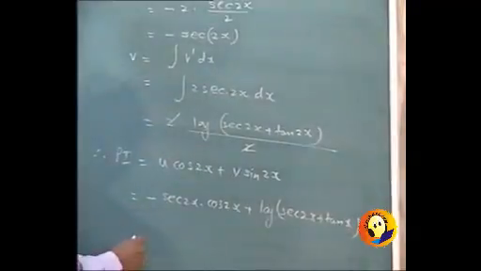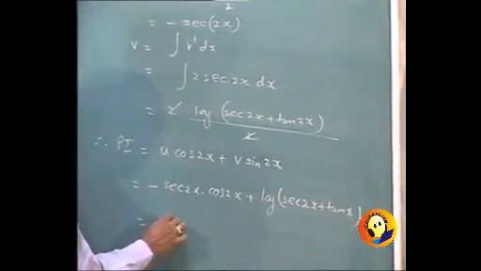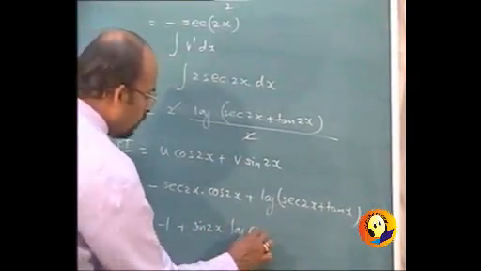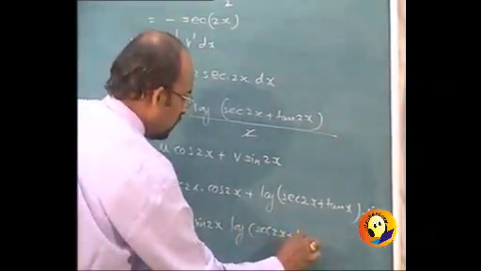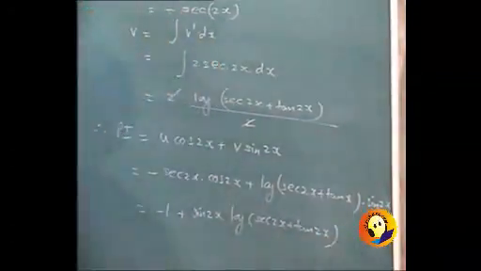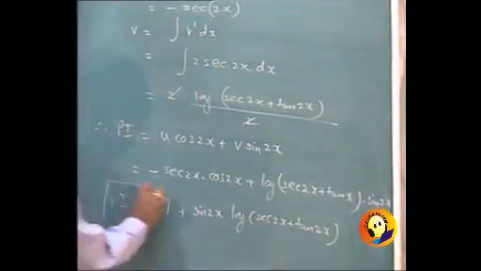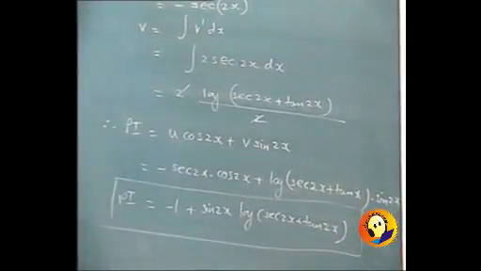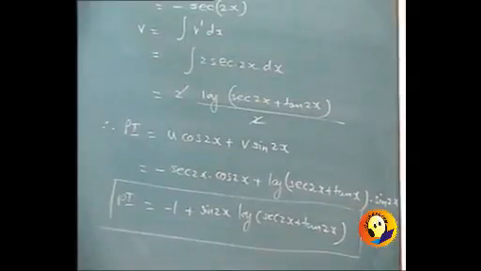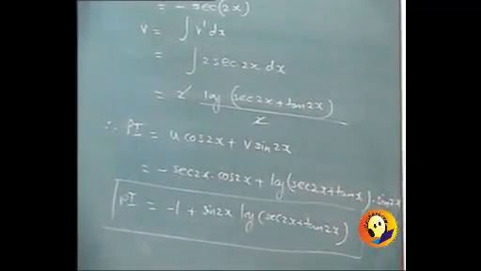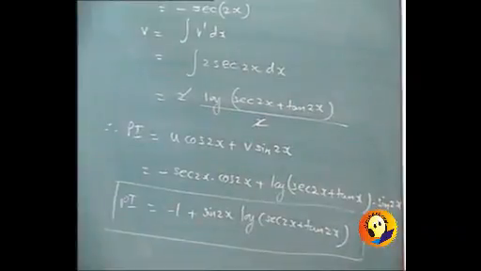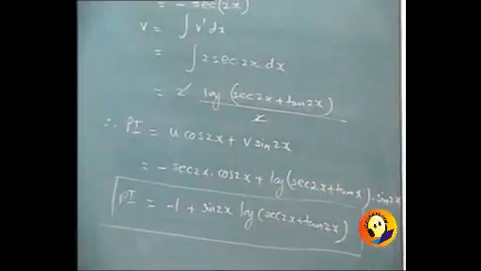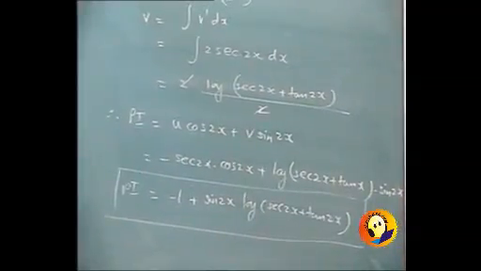Again sec into cos will be 1, so this will be minus 1 plus sin 2x into log of sec 2x plus tan 2x. That is going to be pi. And y equal to cf plus pi will be the required answer. So final answer comes out to be y equal to c1 cos 2x plus c2 sin 2x minus 1 plus sin 2x into bracket log of sec 2x plus tan 2x.